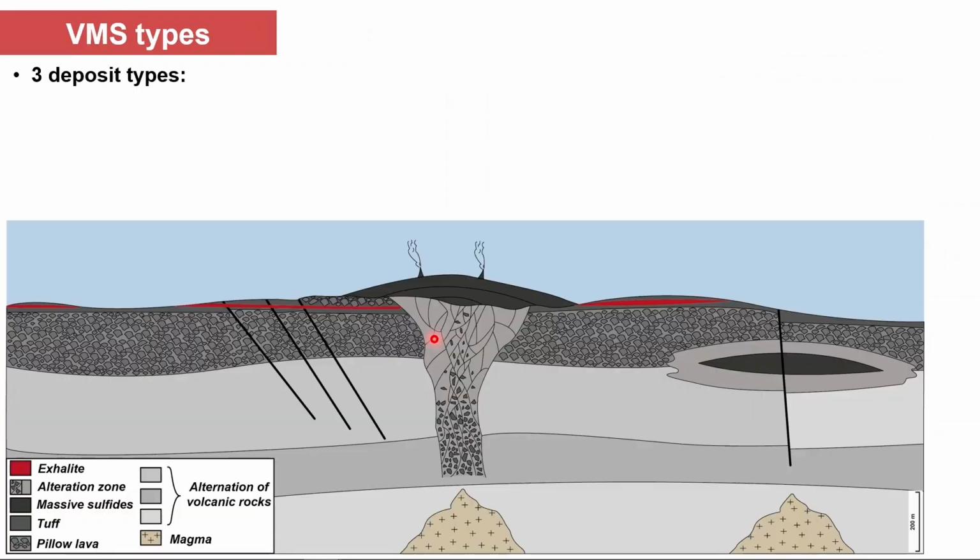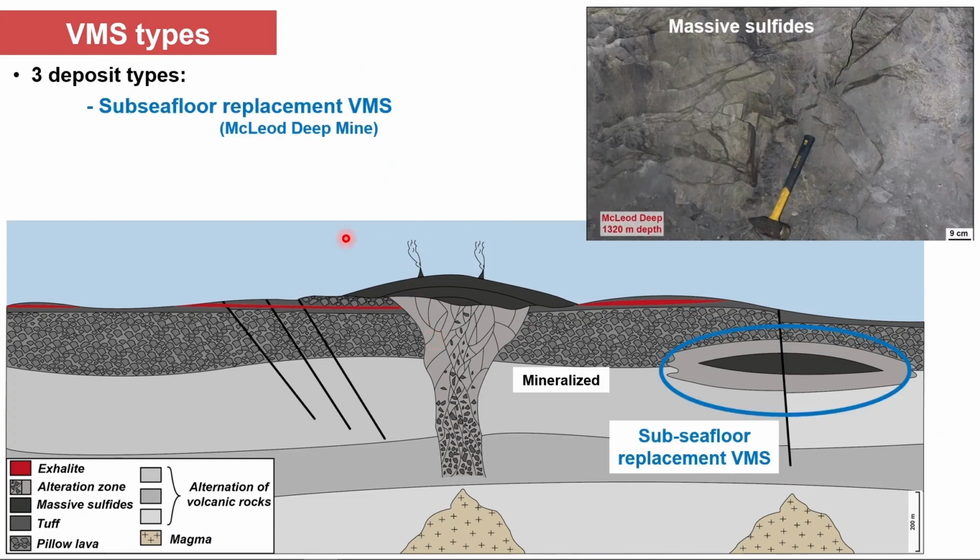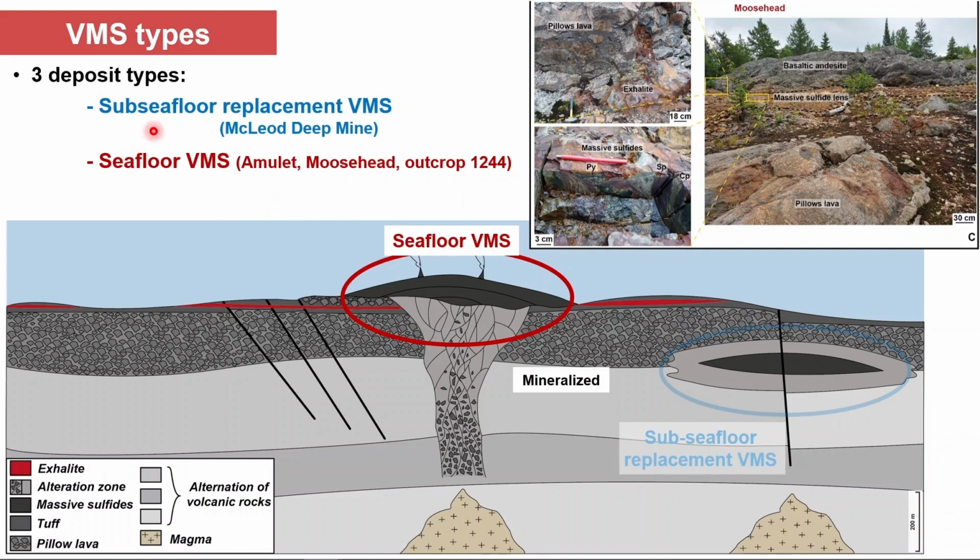Basically, we sampled 3 different types of deposits. The first type was the McLeod deep mine in the Matagami camp, which corresponds to a subseafloor replacement VMS deposit, so we sampled directly the massive sulfides. The second type was seafloor VMS deposits, I would say classical VMS deposits that precipitate directly on the seafloor.